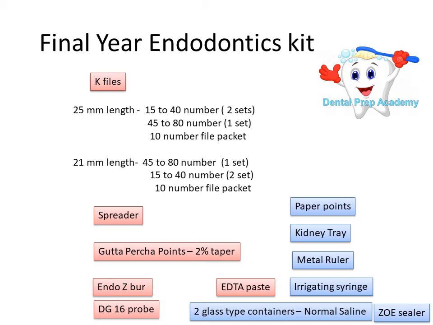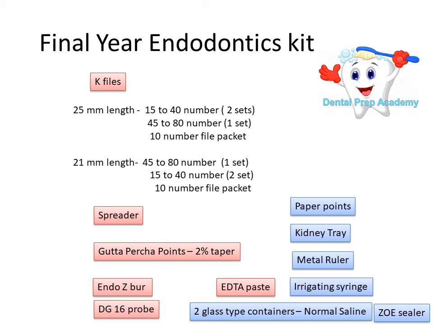So to flush out the debris and to make sure that the apical foramina is patent, you need to regularly irrigate the canal whenever you are changing the file.